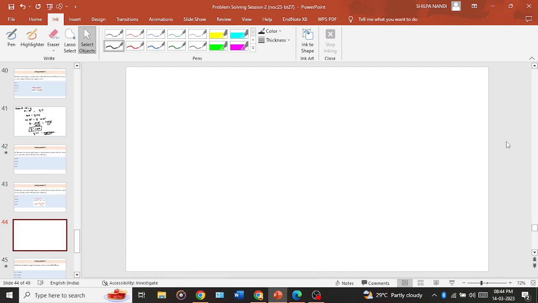So from the question, you can see you have been given the values already, which is gamma 1 is equal to gamma SV is equal to 27 millinewton per meter.